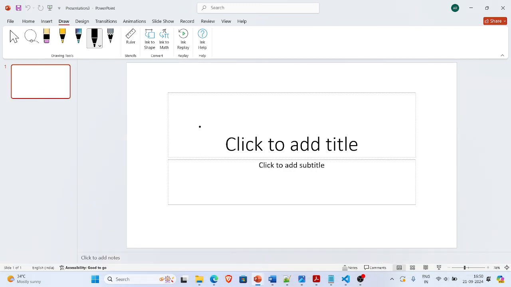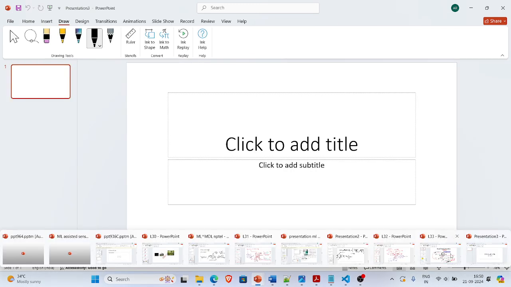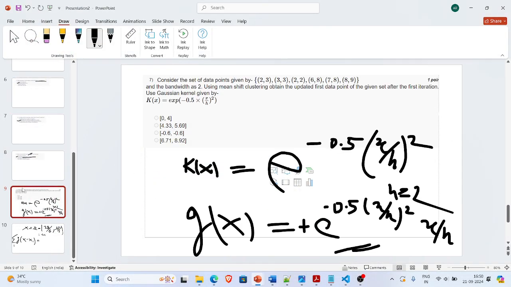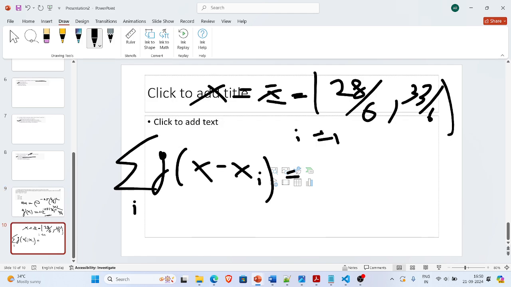Okay, so let me first write down the gx function, which is equal to e to the power 0.5 x by h square.